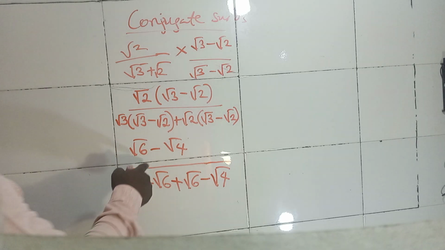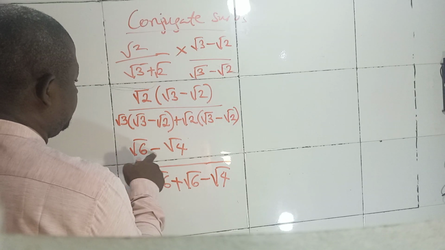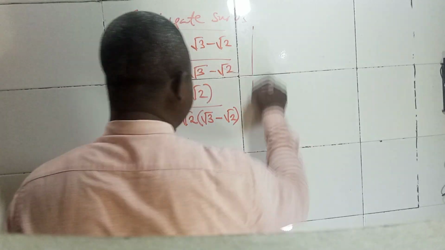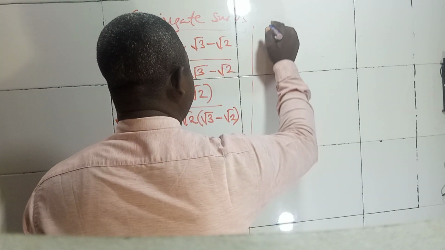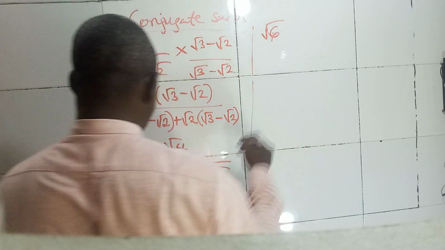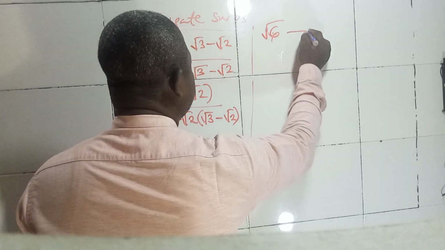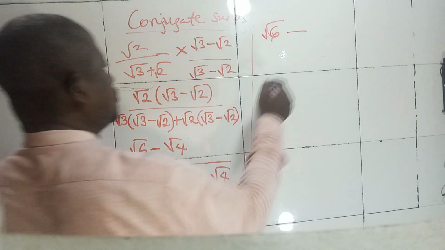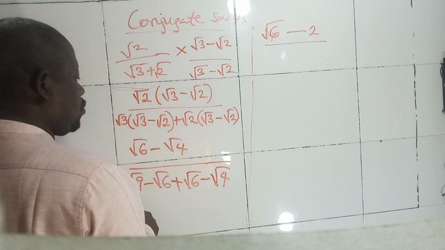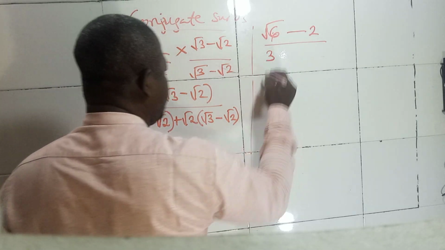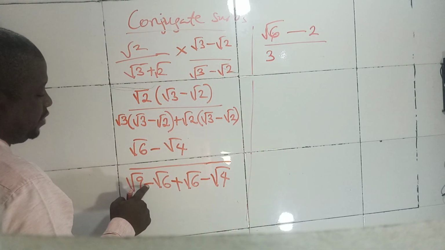So let's simplify further. What's root 6? We still have root 6, root 6, minus what is the square root of 4? That is 2. All over, what's the square root of 9? That is 3. Look at this.